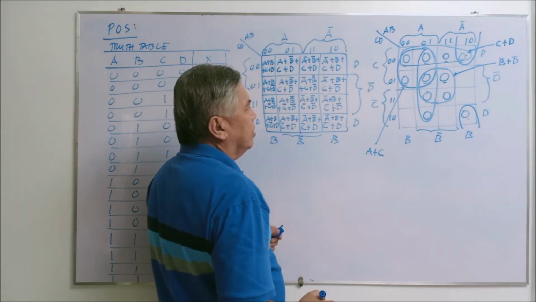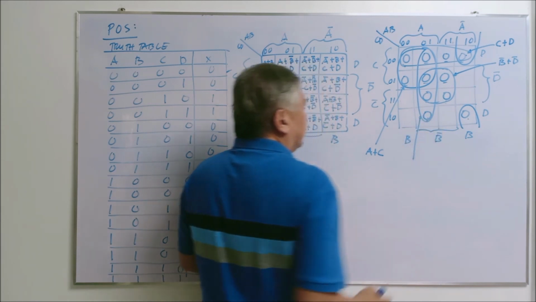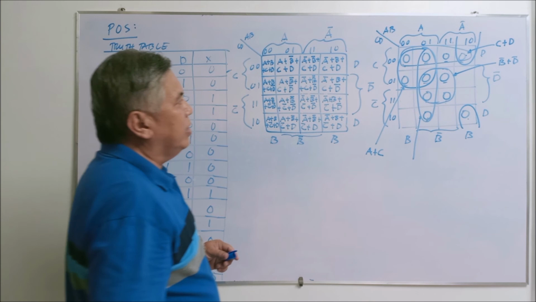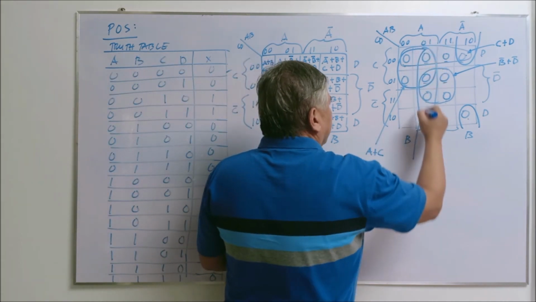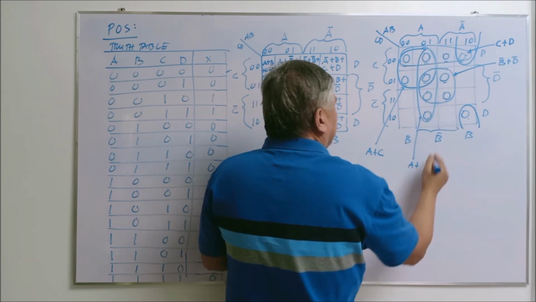Okay? And this line here, 4 adjacent cells in line, belongs to A plus B bar.